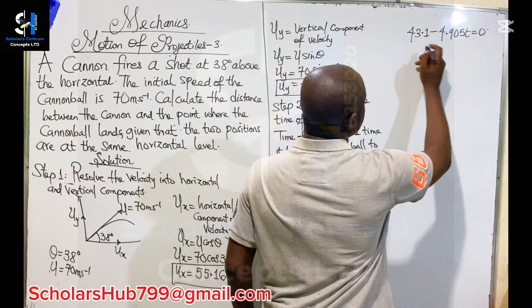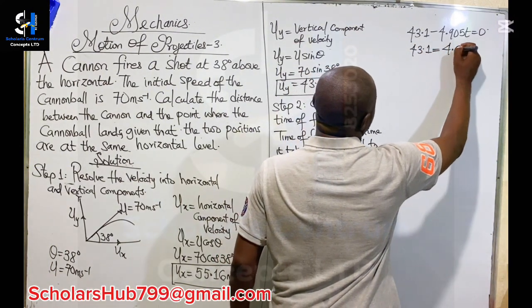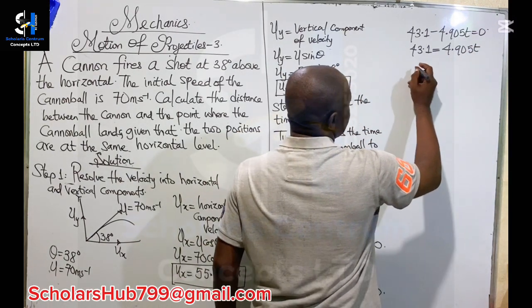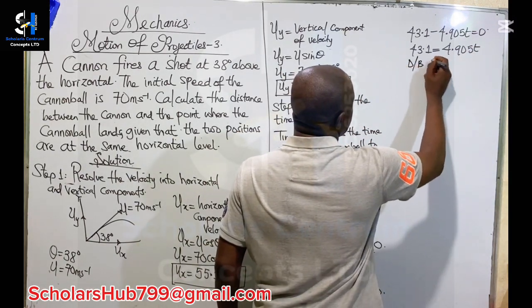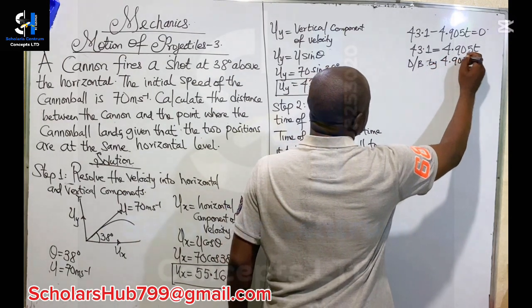In this case, I'll move this to the other side. This will be 43.1 equals 4.905 t. So we then divide both sides by 4.905.